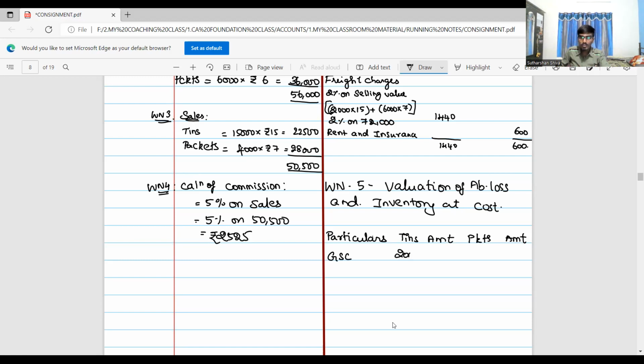So tins is 2,000 tins. It cost you 20,000. Packets is 6,000 packets. It cost you 36,000, right? Then there are no other expenses. There is only freight expense. Keep adding the freight expenses. For tins, 2,000 into 15 into 2%.